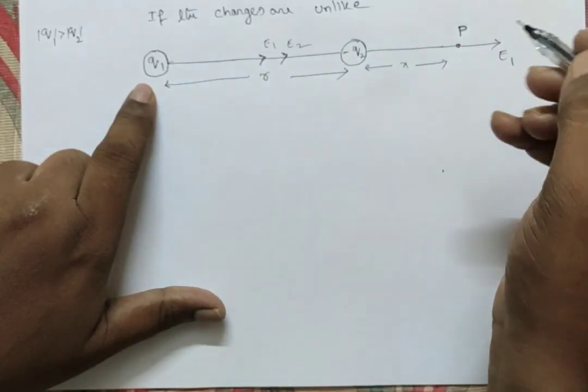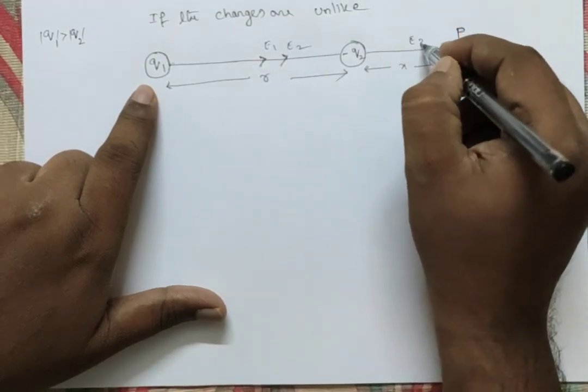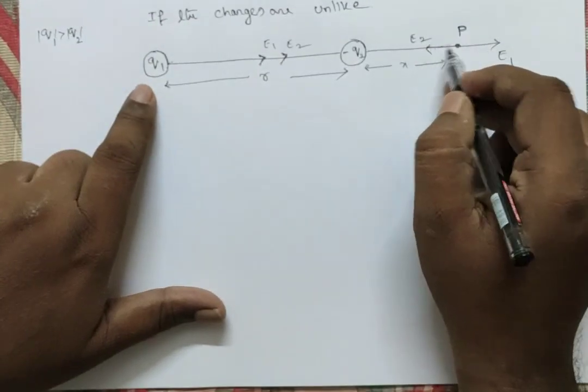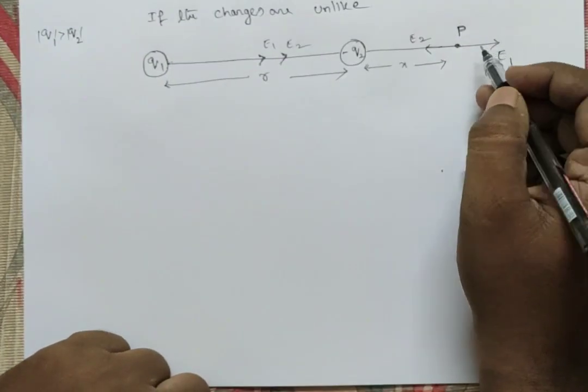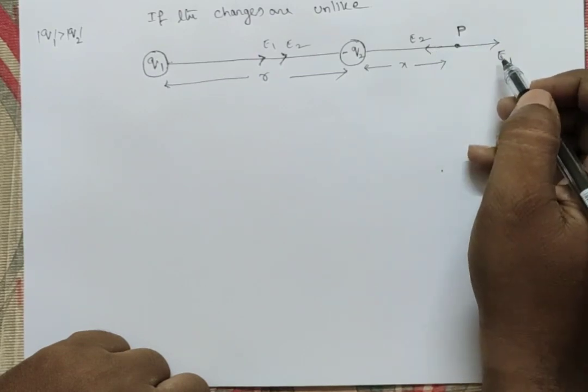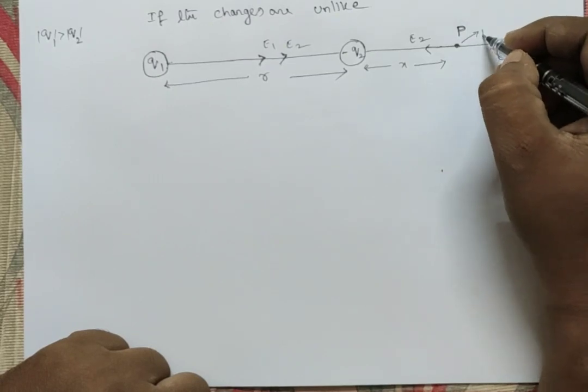Due to the negative charge, it is towards it, that is E2. Outside, the electric field intensities are opposite to each other. If these two are equal in magnitude, then the null point is possible.